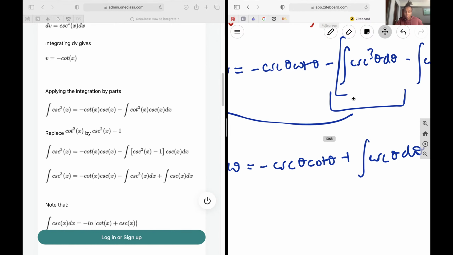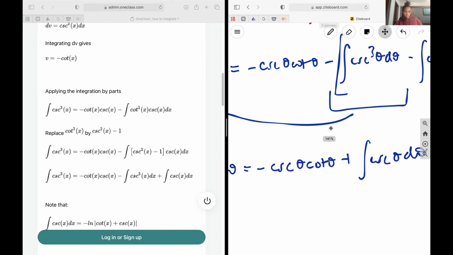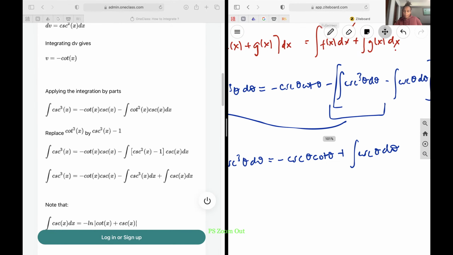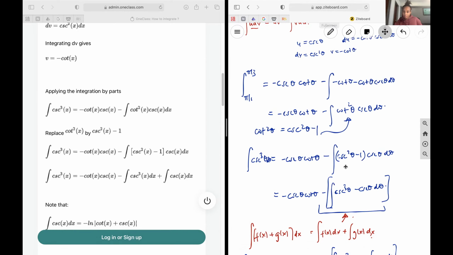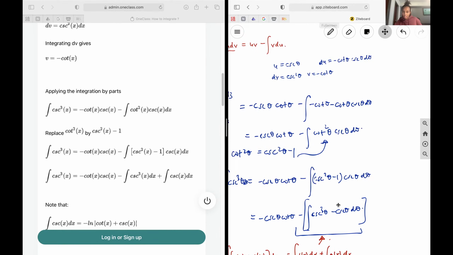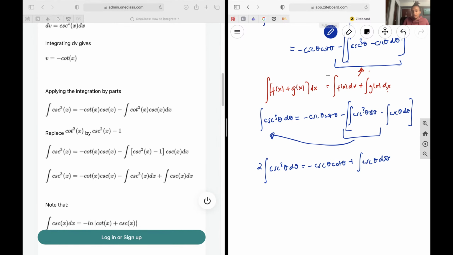And so now we have to go about finding this integral.